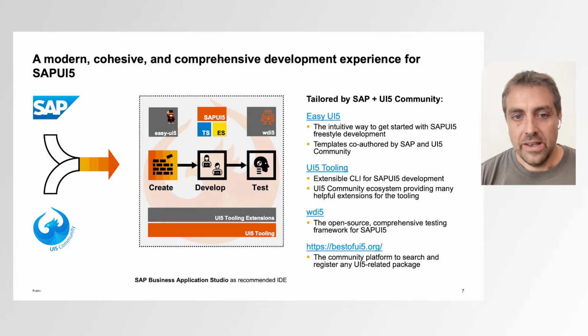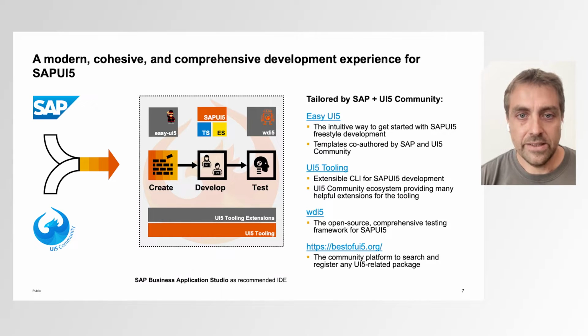In the development phase, the UI5 tooling plays the major role as an integration platform of custom extensions. Yeah, the community and SAP provide here together also different extensions to improve the development experience, like having a live reload feature or the TypeScript transpilation happening embedded.